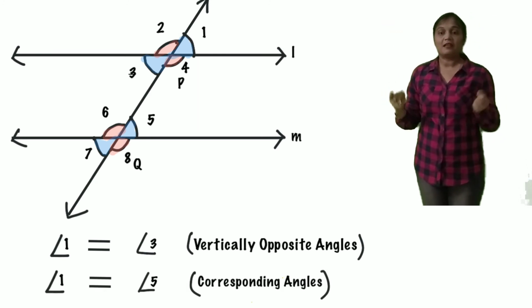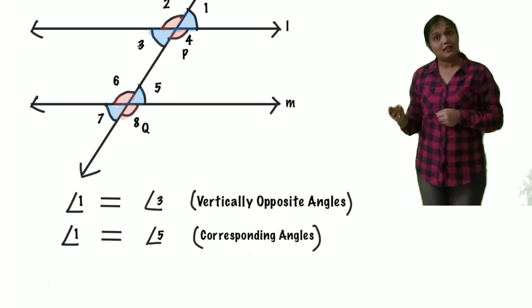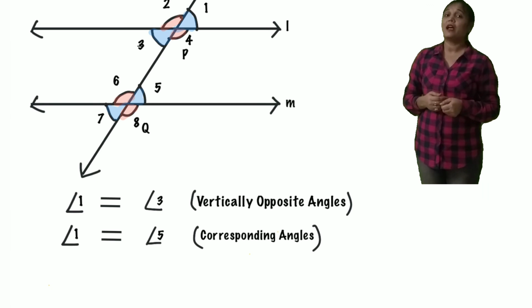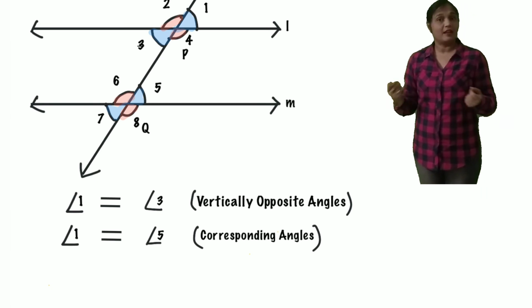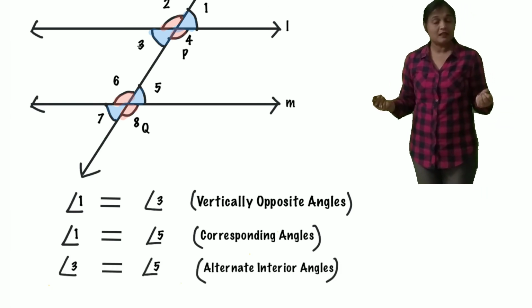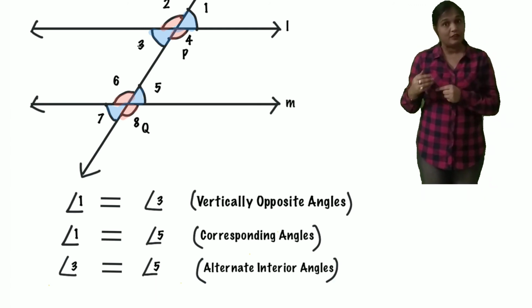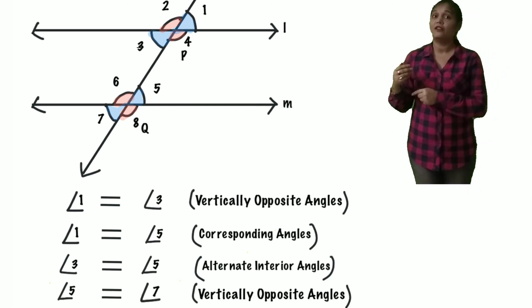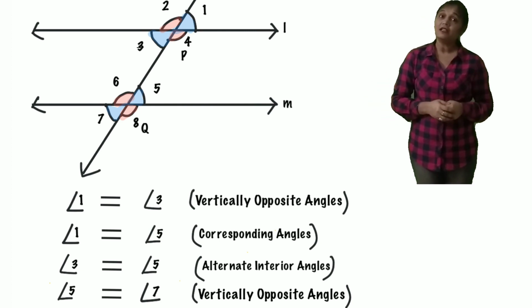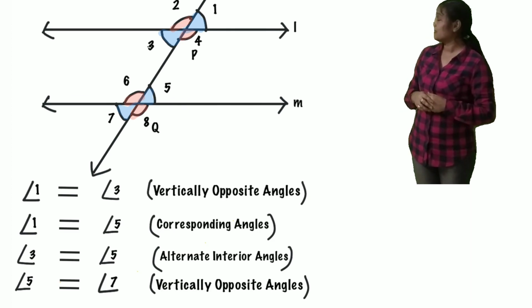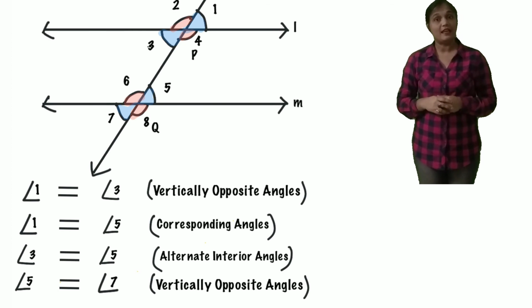Why? Because they are alternate interior angles. And angle 5 is equal to angle 7, again vertically opposite angles. So angle 1 is equal to angle 3 is equal to angle 5 is equal to angle 7. Similarly, angle 2 is equal to angle 4 is equal to angle 6 is equal to angle 8.